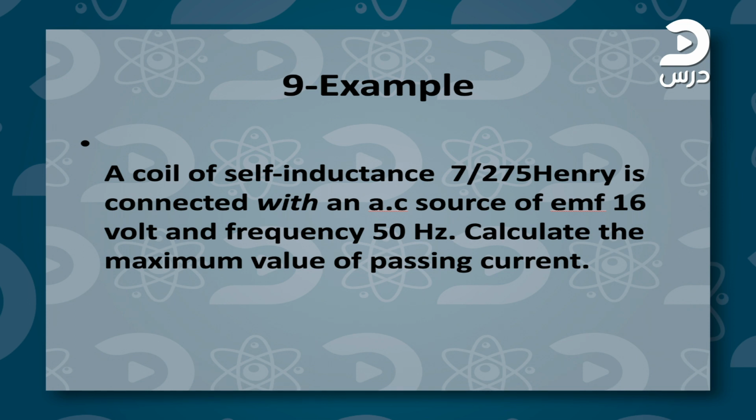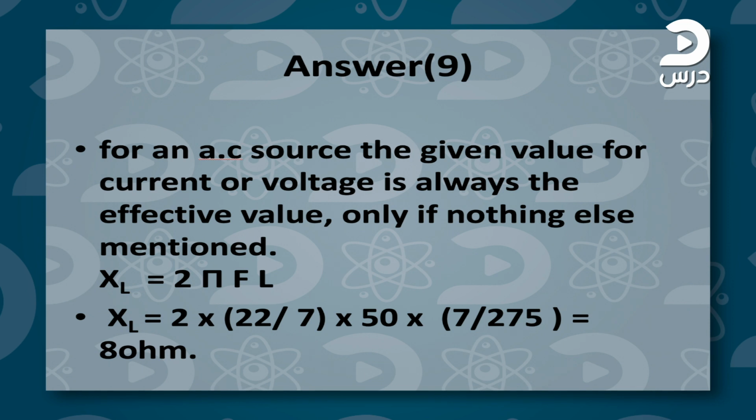The answer: for an AC source, the given value of current or volt is always the effective value, only if nothing else is mentioned. I have XL equals 2πfL, so 2 times 22 over 7 multiplied by 50 multiplied by 7 divided by 275 equals 8 ohm.